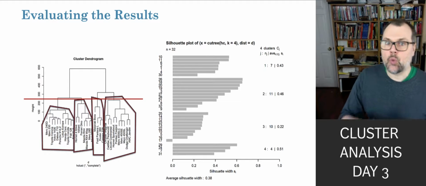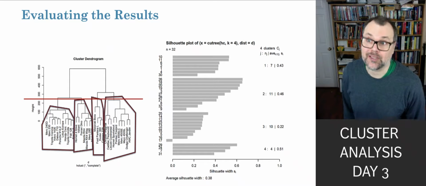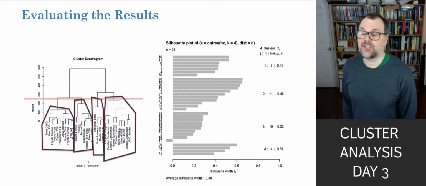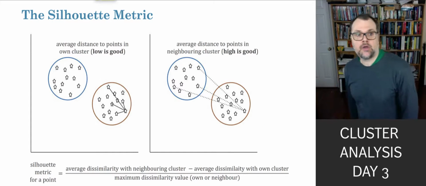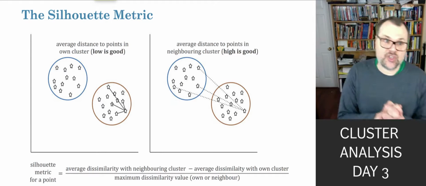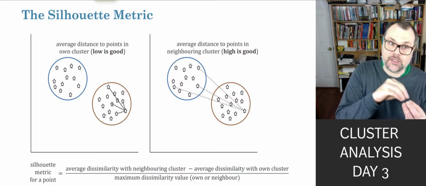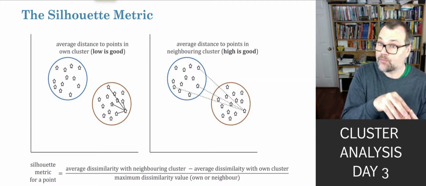Okay, so this tells you, roughly speaking, if your clustering scheme assigns observations to the right clusters according to the silhouette metric. How is it being measured? Well, it's a metric that takes into account the fact that in general you would like the average distance to points in your own cluster to be low.